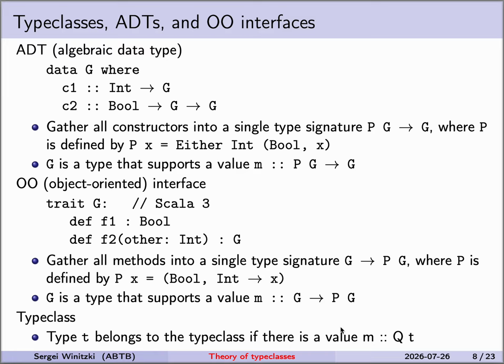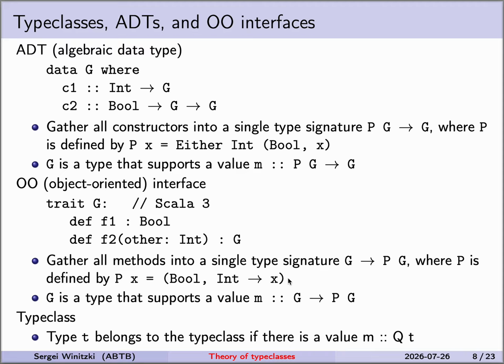It's a value of the same kind of shape, provided that P is a covariant functor. This is not always the case with object-oriented interfaces, because you could have here G also, and then you will have Px equals x to x, and that's not going to be covariant.